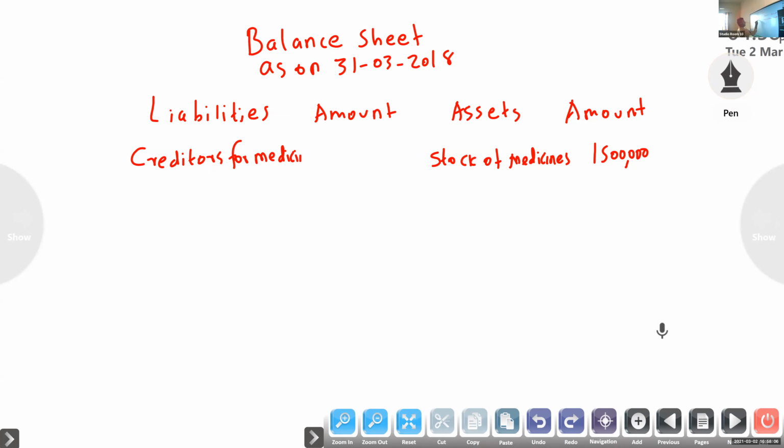So closing amount 8 lakh. Only this item. If they ask to prepare opening balance sheet, same items only, opening items you have to write.